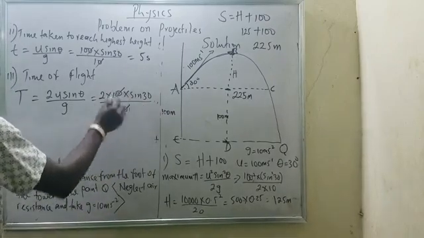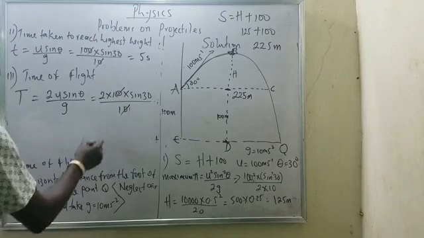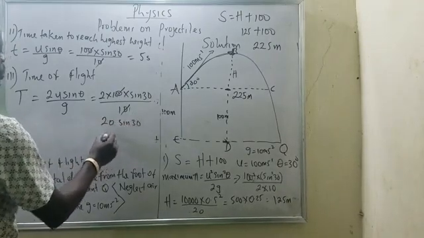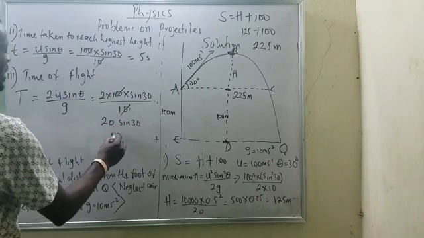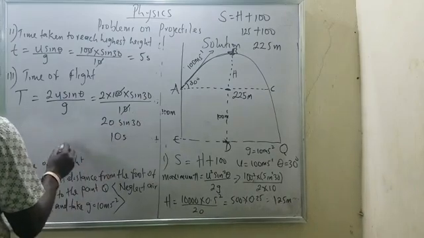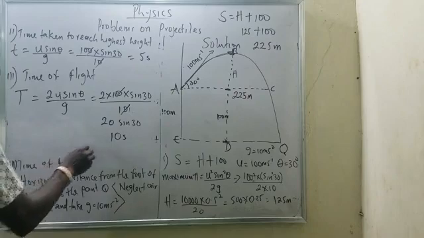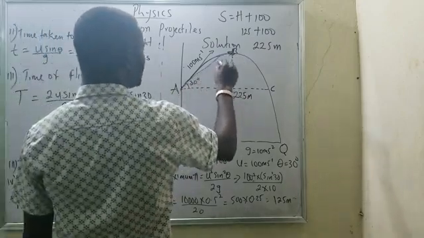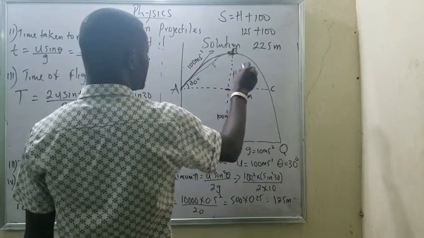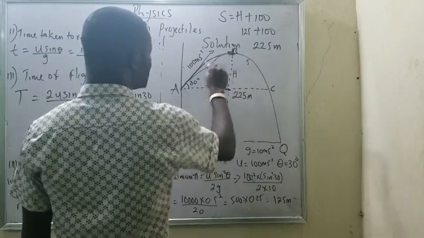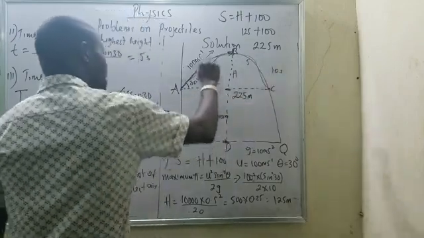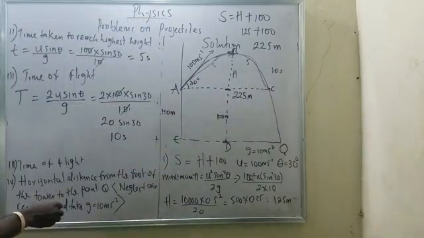This will cancel this. Now I will have 20 sine 30, which will be 10 seconds. It means from here to here is 5, also 5. From here to here now is 10 seconds. That is the time of flight.